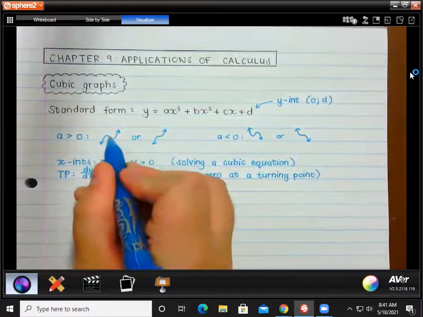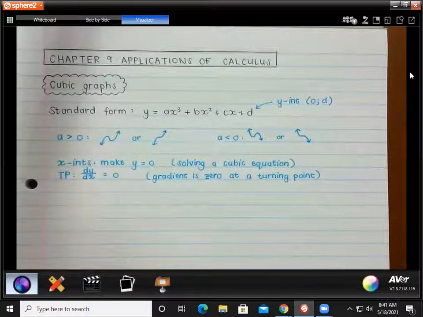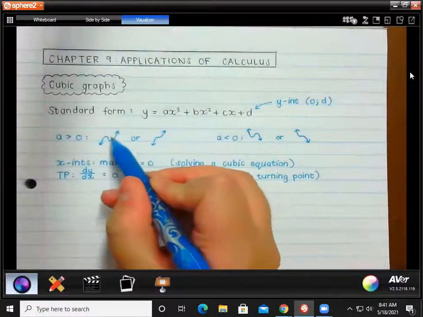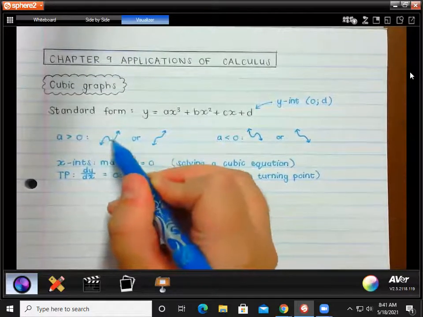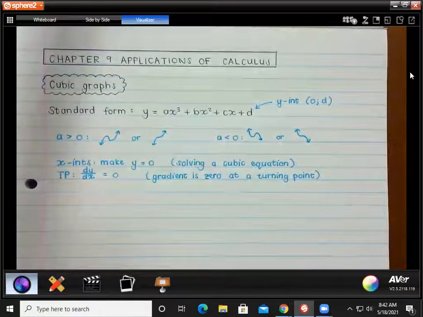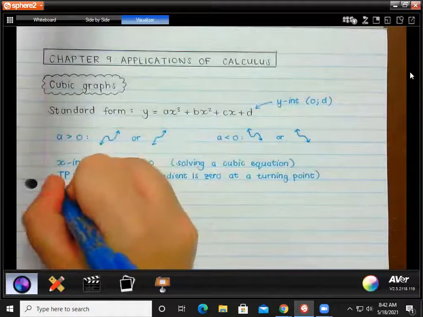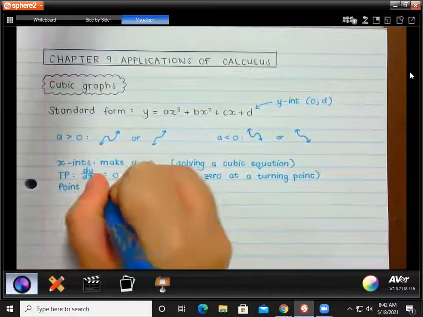Concave down is this part here, it's kind of facing down, and then that part will be concave up. The point where it changes its concavity is called the point of inflection. We will do some examples on that, but let's just write it down. Point of inflection.